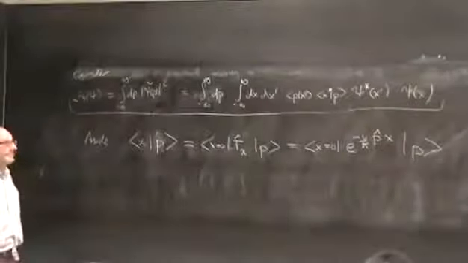Now I ask you, what is the action of p hat operator on this? P hat is equal to the number p. We can just replace it because this is an eigenvector of p, and it's in the exponent, so that becomes a number: e to the minus i over h bar p x.